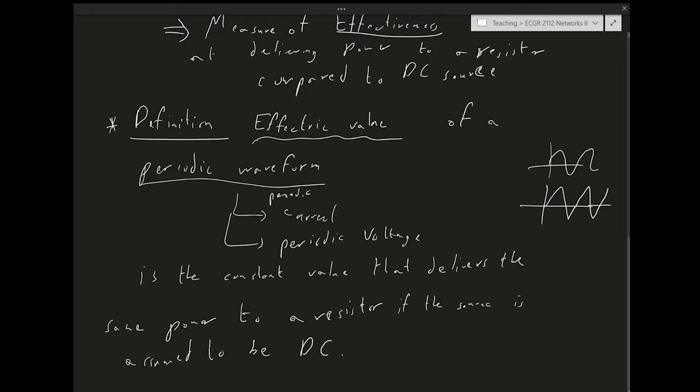So let's say you have a periodic voltage source. The effective value of that periodic voltage source is some constant voltage that delivers the same power to a resistor if we assume that source is DC. It delivers the same power as the AC source if we assume that source is DC, okay?